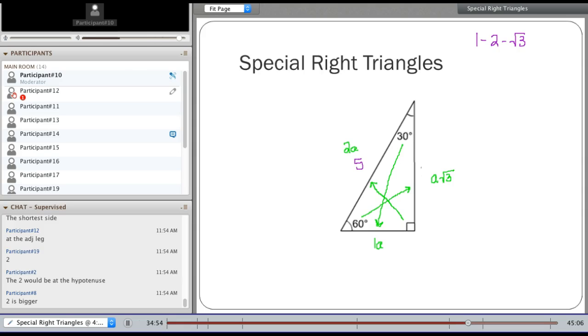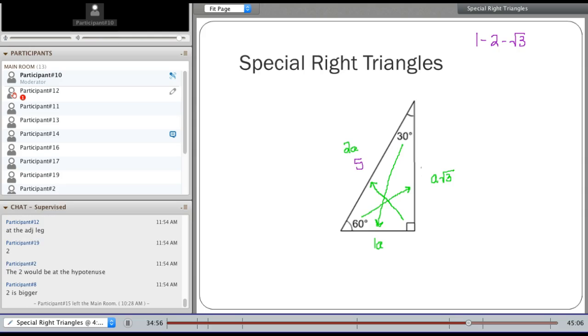Okay, so that's the same idea as the last triangle, right? 45, 45, 90. You label the sides first with the correct ratio. Then, remember the second thing we did was we took a look at what information we already knew, and we set those two things equal to each other. So the 2A and the 5 have to be equal because they're both on the hypotenuse.